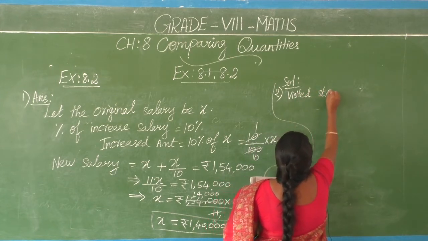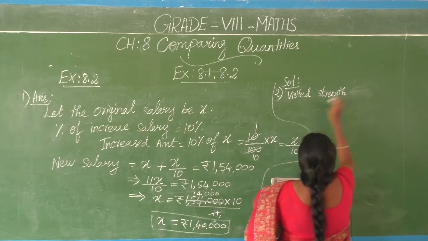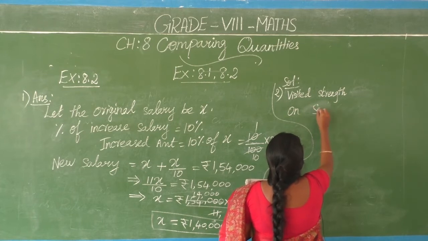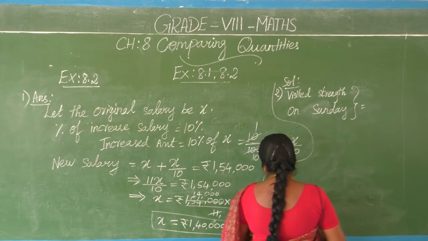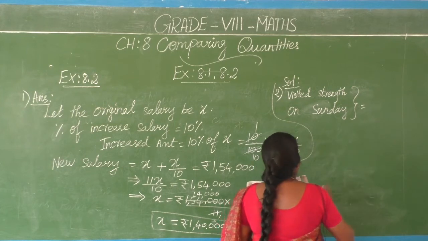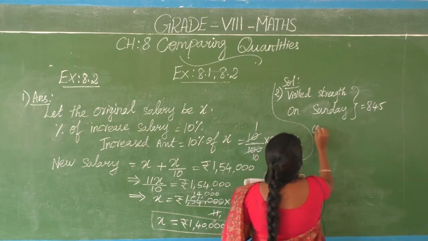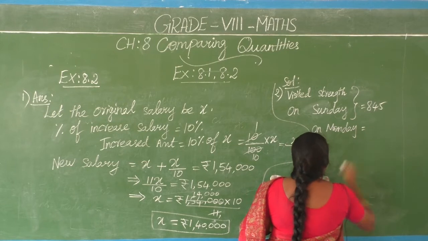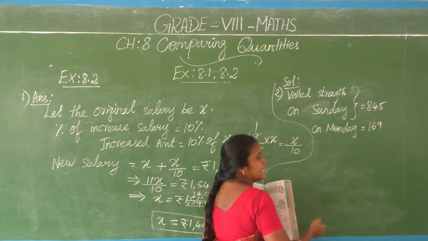Visited strength on Sunday is equal to 845. Okay, Monday, just 169. So they are asking the decreased percentage.